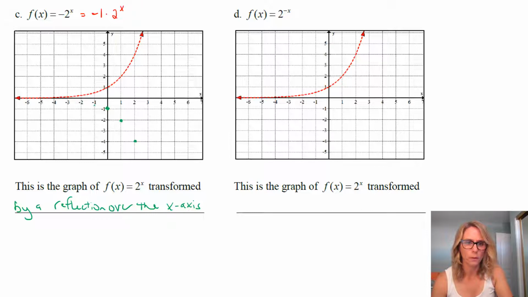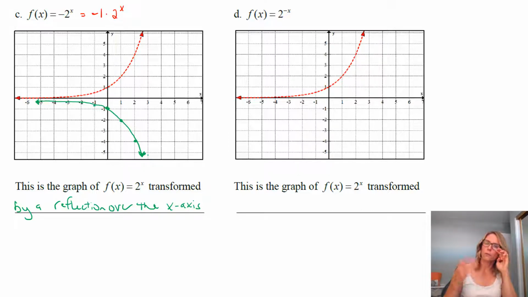So we're here, and we're here, and we're here, just enough. There we go. And connect. So just examples of this basic exponential function, 2 to the x, which would work for any base that you have there, would be similar.